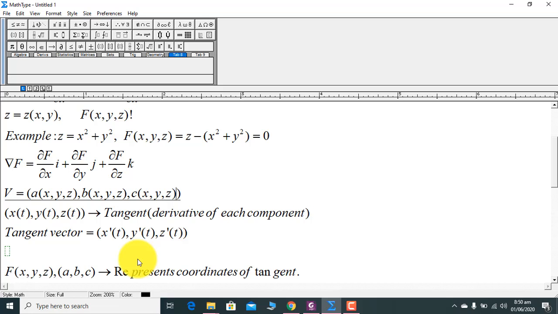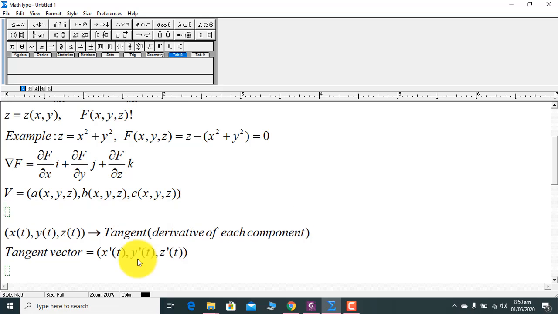At each point you are getting a vector, and now this vector field can have a curve, which you name C. This curve, what we are trying to define, is the characteristic curve.